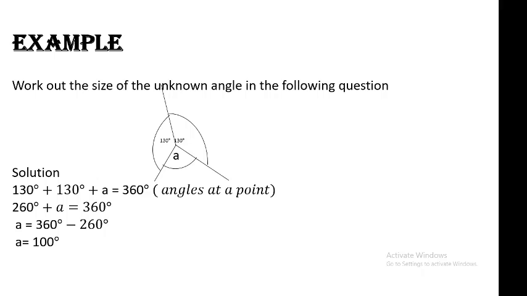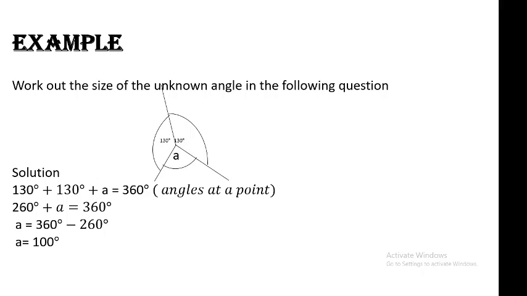After we subtract, the answer that we get is the value of A. The solution says 130 degrees plus 130 degrees plus A is equal to 360 degrees. Why? These are angles at a point, and angles at a point add up to 360 degrees. So 130 degrees plus 130 degrees is 260 degrees, plus A is equal to 360 degrees.